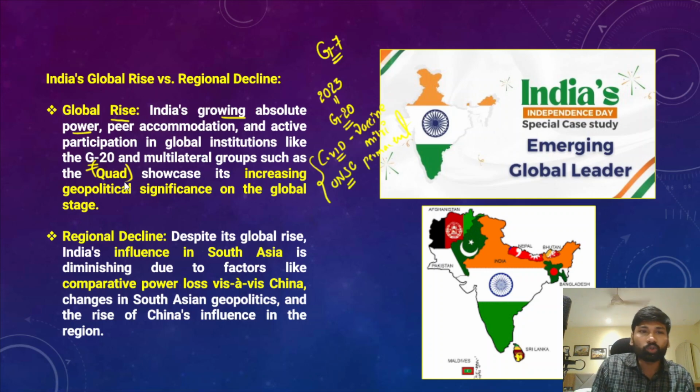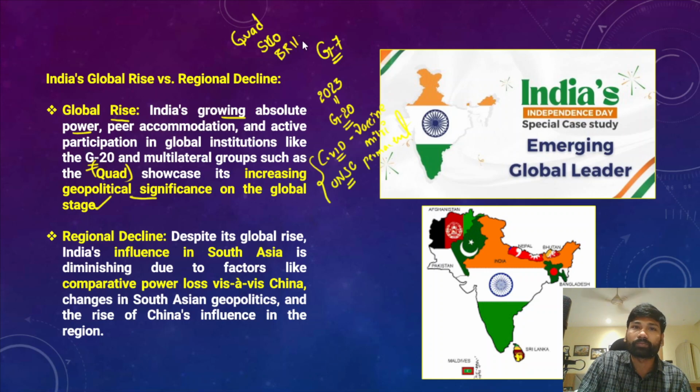So that showcases India's geopolitical significance on the global stage. We are not just part of the Quad, but also of the Shanghai Cooperation Organization, SCO, and the BRICS grouping. So therefore, India has been rising at the global level at a much faster pace.